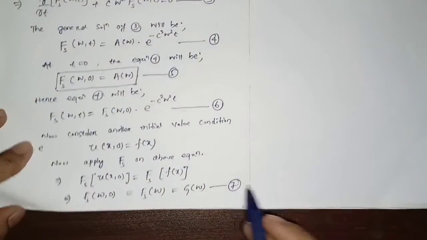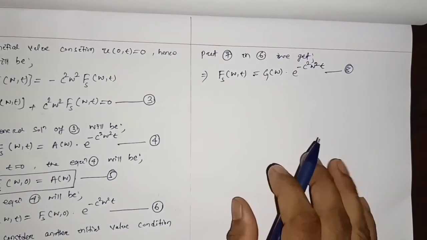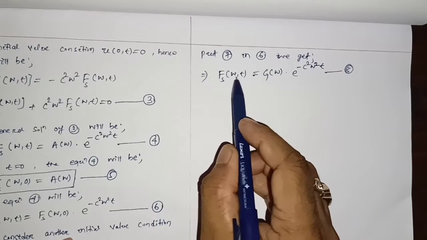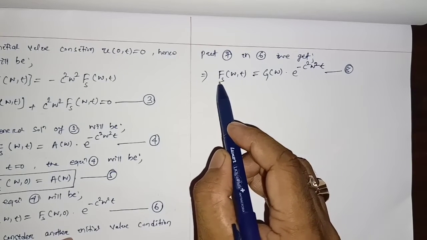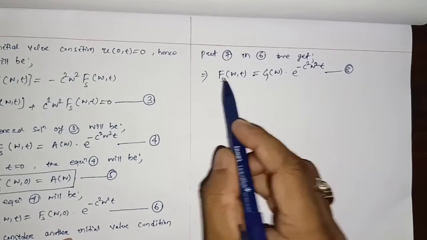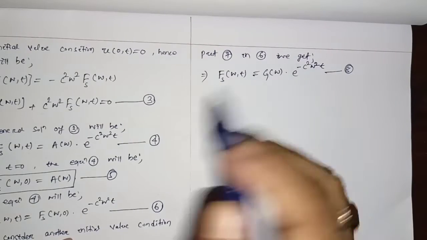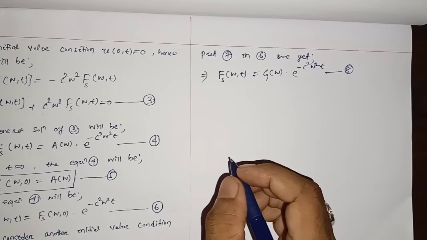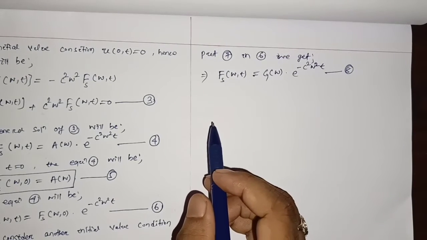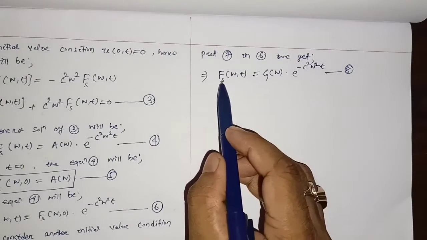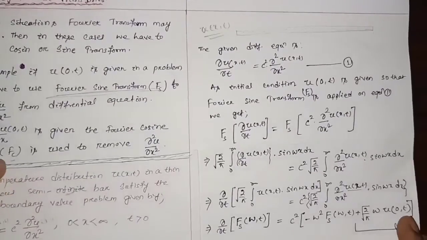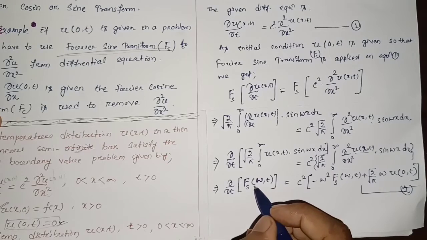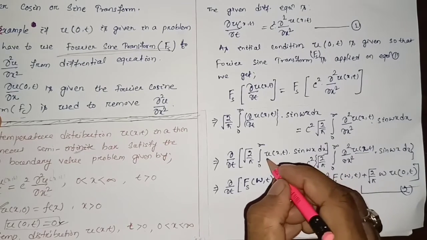Let this be equation number 8. This one is your 7. Here you can see the left hand side has the Fourier sine transform. So if I apply the inverse Fourier sine transform on equation number 8, the left hand side will become the original one. Fs(omega, t) is nothing but the Fourier sine transform applied on u(x,t).